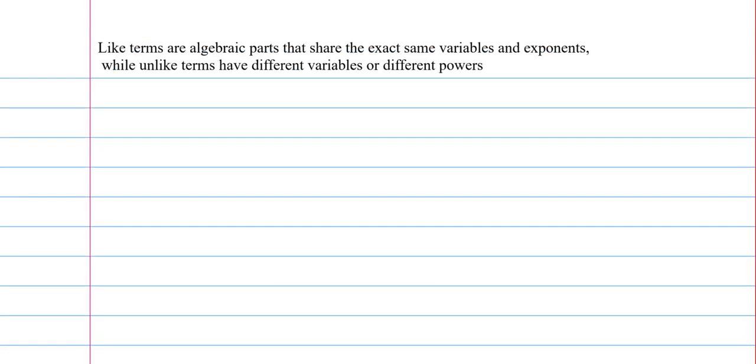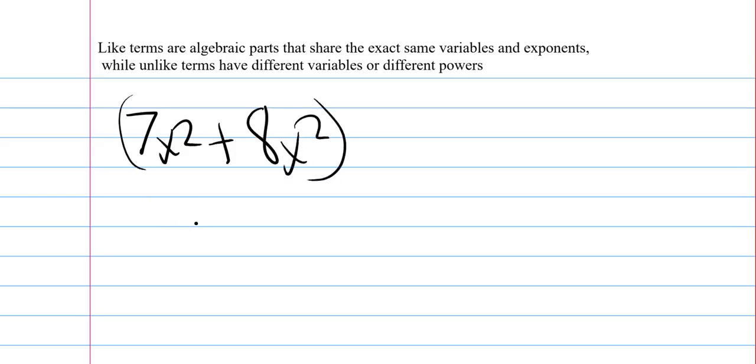Like terms are algebraic parts that share the exact same variables and exponents, while unlike terms have different variables or different powers. For example, given 7x squared plus 8x squared, if I add both of these, I'll have 15x squared, because they have the same variable and exponent.